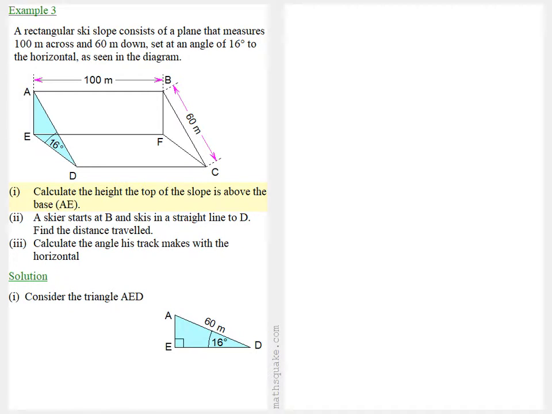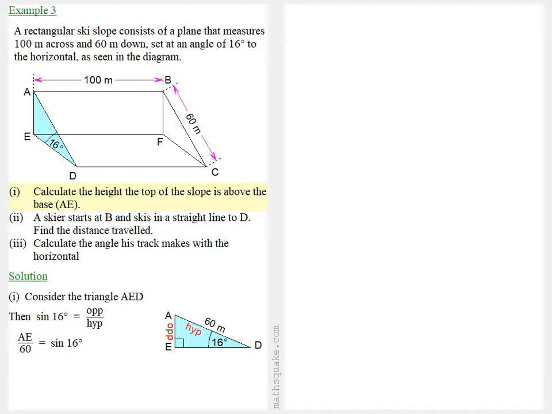We have the angle 16 degrees, and then the side AE is the opposite side. The side AD, 60 meters, is the hypotenuse. Now we have the sine of the angle is the opposite over the hypotenuse, so sine of 16 is equal to AE over 60, or AE over 60 is the sine of 16 degrees.